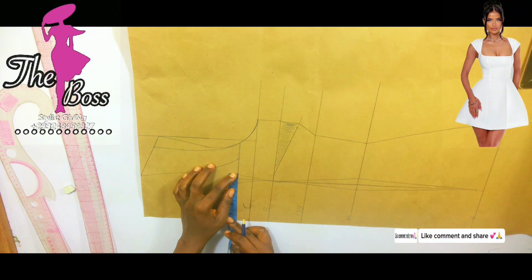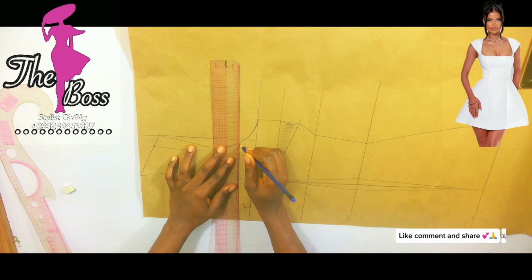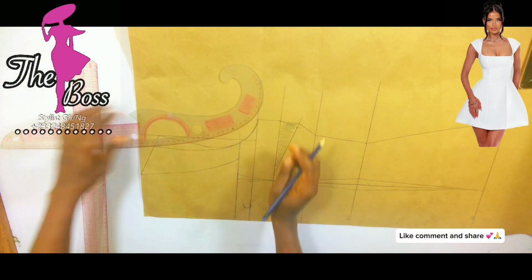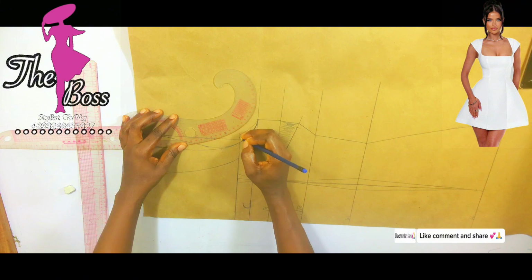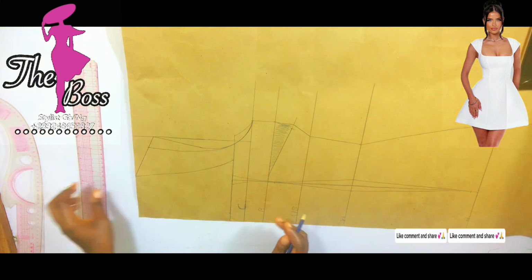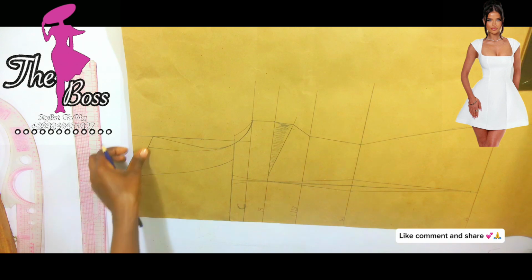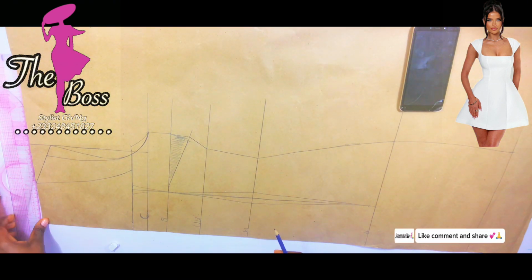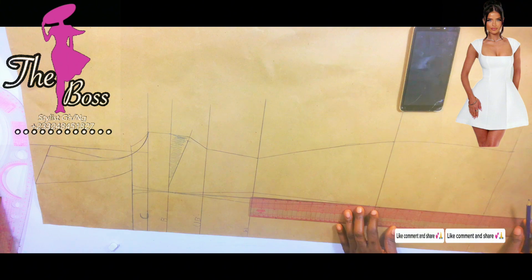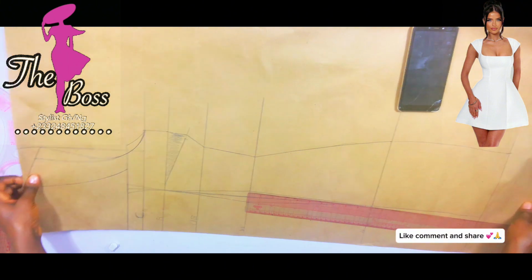Okay, so whatever dart you take, you go ahead and extend the line out and return this dart back so that there will be no shortage in your measurement. And you know that the work of the dart is just to tighten, you're just trying to tighten this neckline. So we have achieved that. Okay, so now we then go ahead to talk about the hip side and the rest of the body.